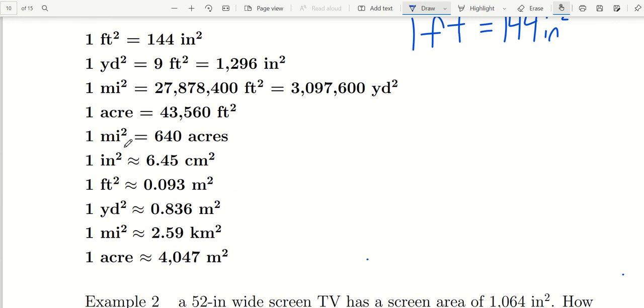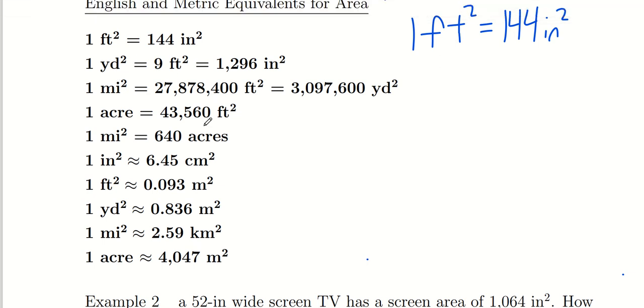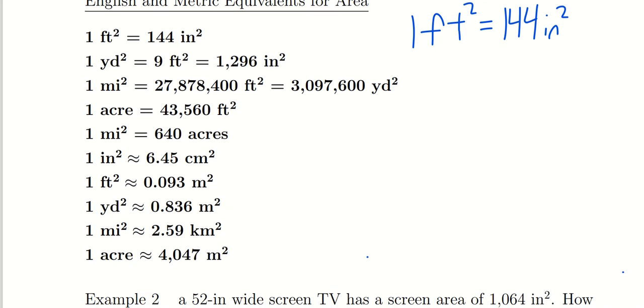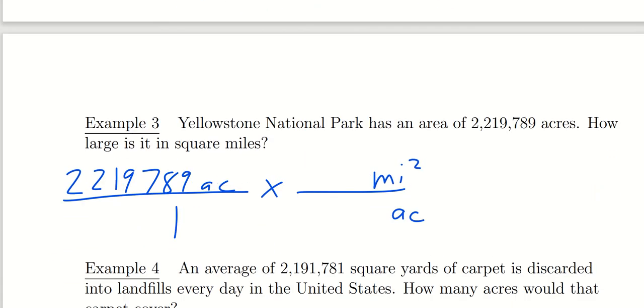There will be an equation sheet for the next exam where all of these will be given to you. The important thing that you'll have to be able to do is look them up, apply them, and find the right conversion. If we're looking for the relationship between square miles and acres, 1 square mile is 640 acres. So we come down here. 1 goes with the square miles, 640 goes with the acres.